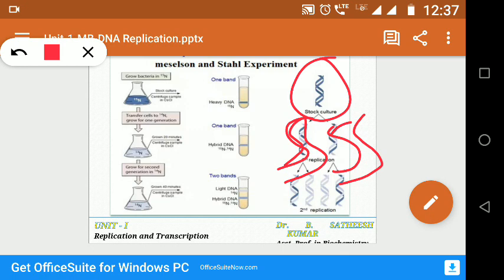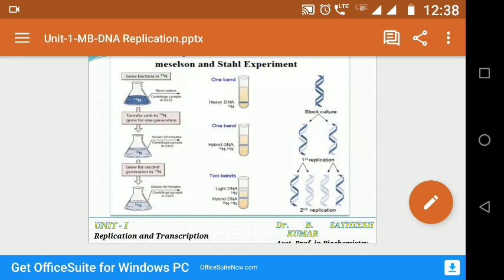So the two daughter cells formed from the parent cell will have one old and one new strand. The new strand will be synthesized by following Watson-Crick base pairing rules. A base pairs with T by means of 2 hydrogen bonds, and G base pairs with C by means of 3 hydrogen bonds. This is known as the semi-conservative mode of replication.